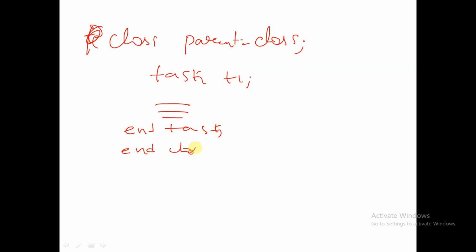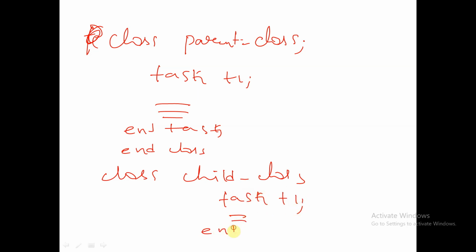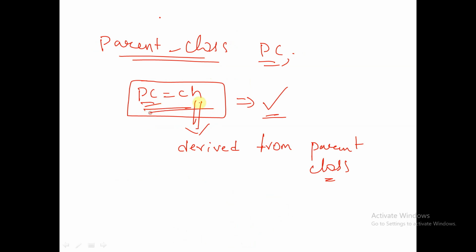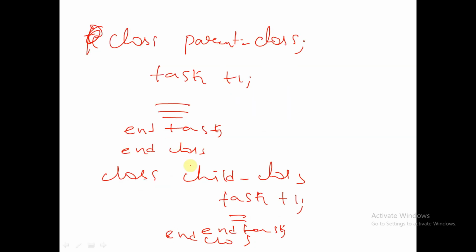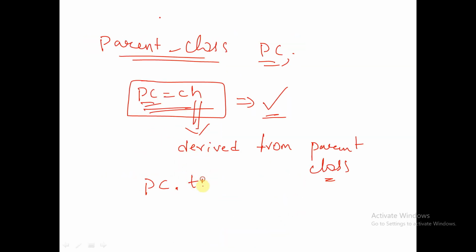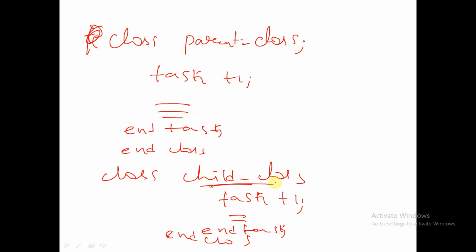I'm writing the logic once again, and we have class child_class with the same name task t1 and logic, ending the task and class. So we have two handles. We make the assignment and we call the task with the parent class handle, PC dot t1. What we expect, since PC is pointing to ch, is that the task declared inside my child class will be executed.